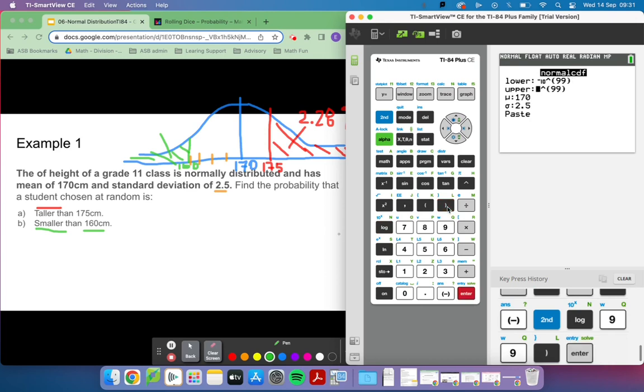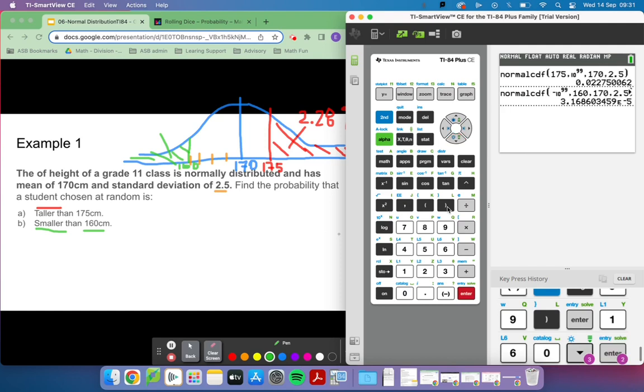Our upper bound is going to be 160. And then we have the same mean and the same standard deviation, and we're going to click paste. And in fact, we get a very, very small number, right? 3.17 times 10 to the negative 5.